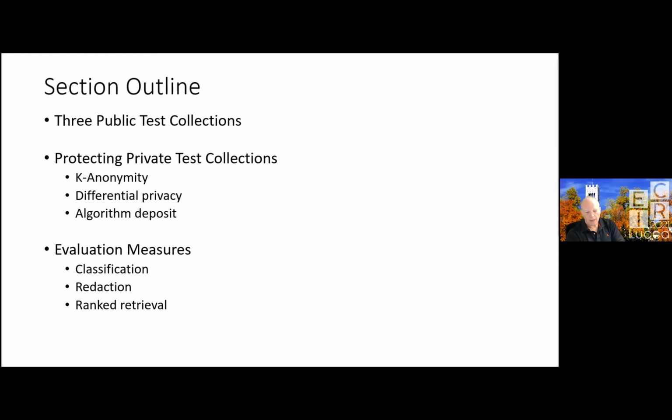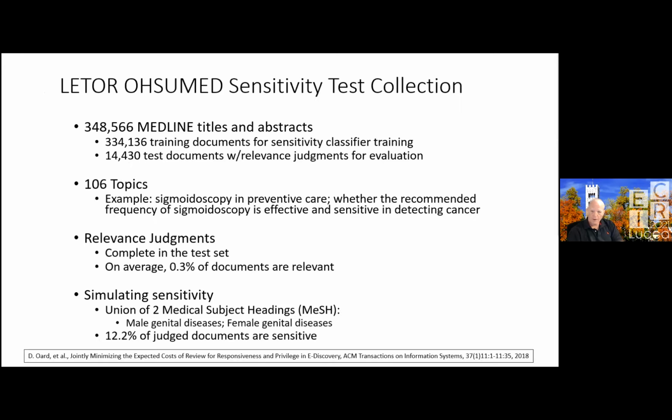I mean, think about it. If these are test collections that contain stuff we can't show people, we can't show you the test collection, right? So there are going to be cases where we just can't build a test collection and share it. What do we do then? And then we'll finish up with some comments about evaluation measures.